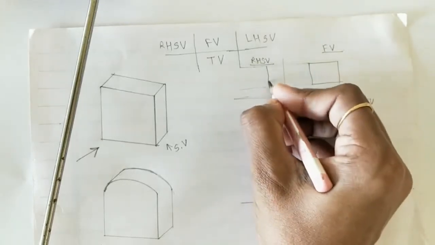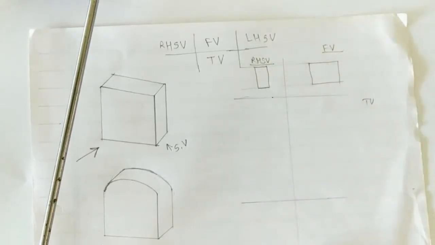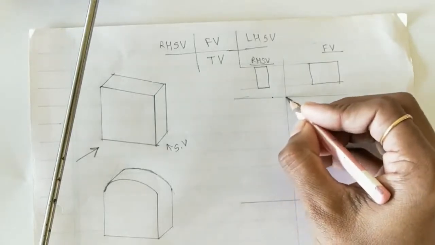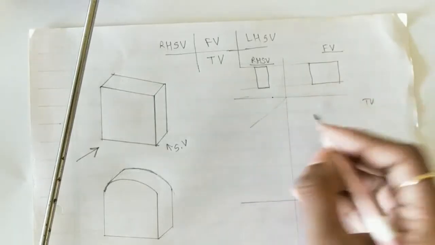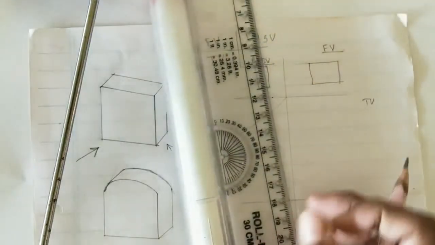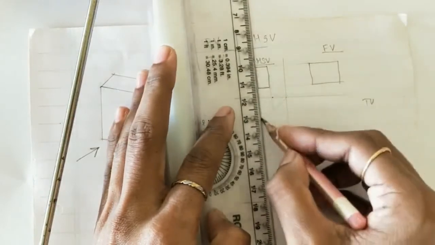So there is also a rectangle, and for the top view, suppose this is a 45-degree line, take its projection.